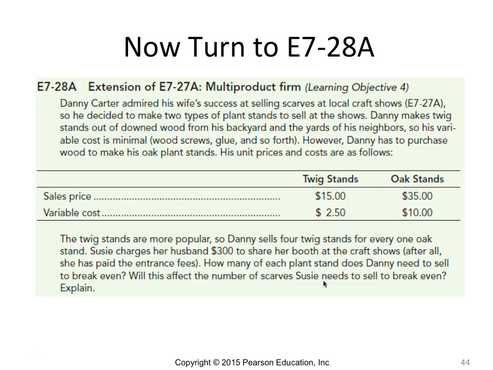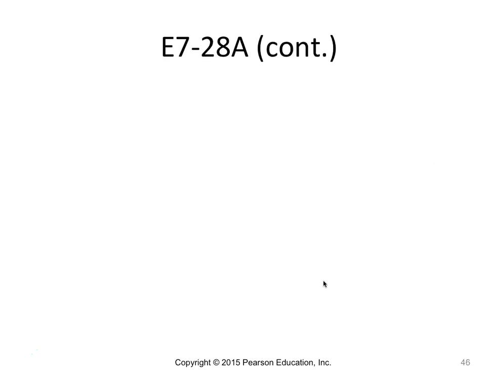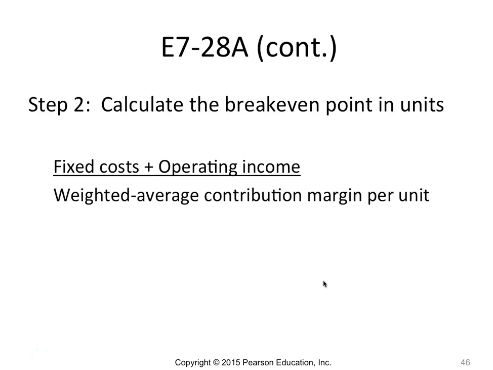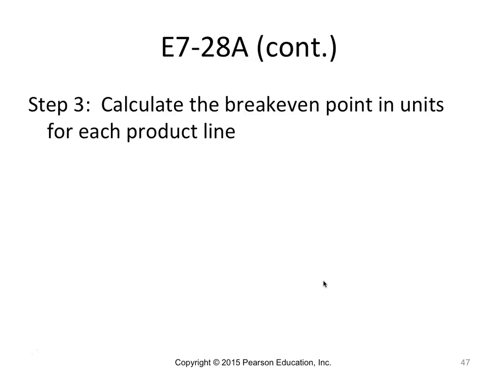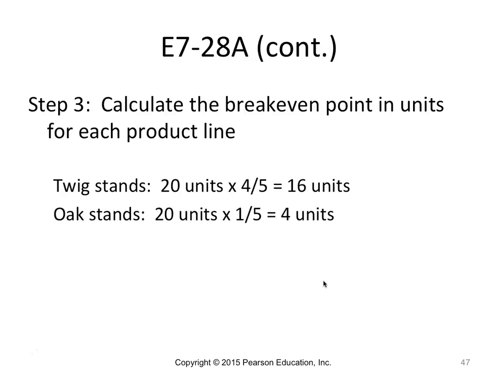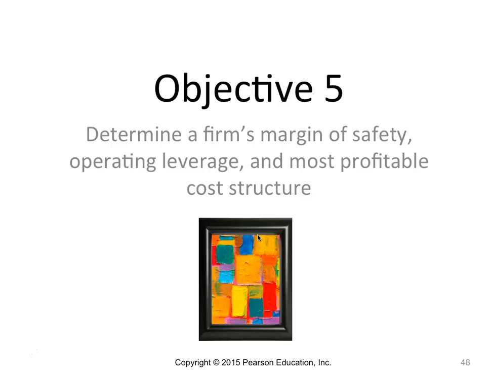Okay. Again, there are some more calculations, and we're not going to do them here because it's very similar to the ones we have done. The only thing you want to do is to calculate the average contribution margin per unit, and then find out the break-even point or something like that.